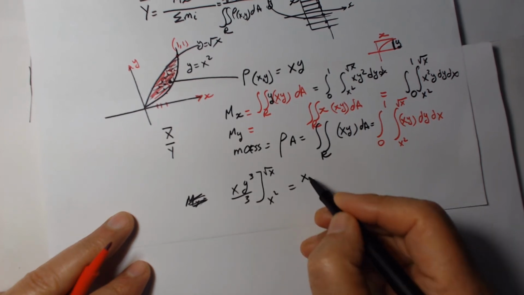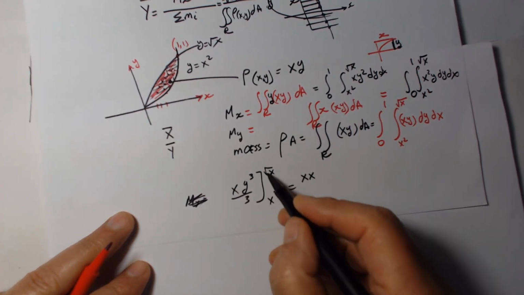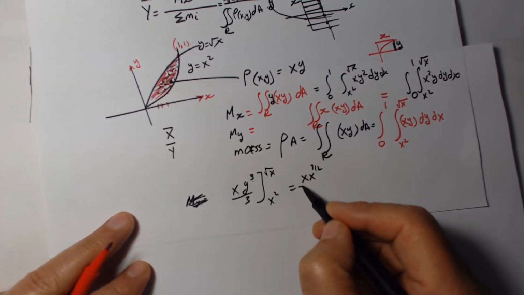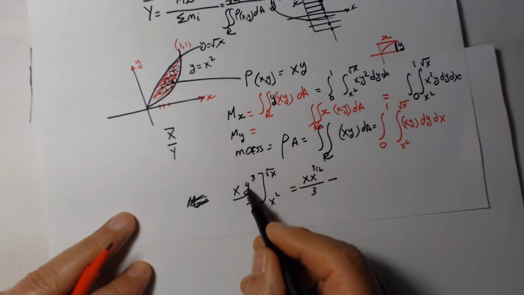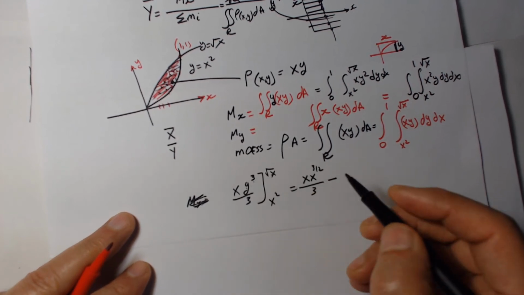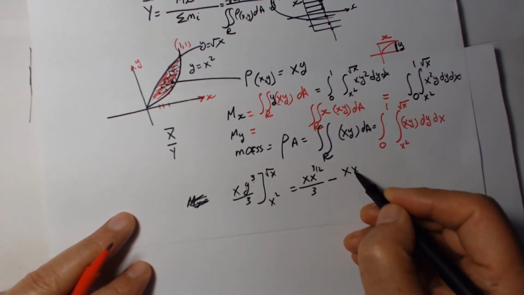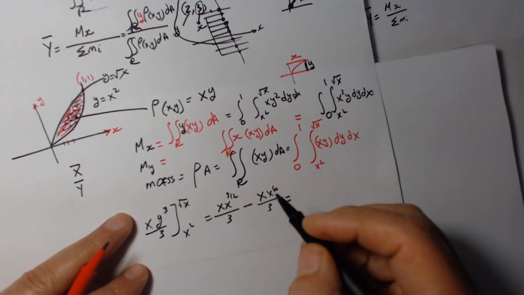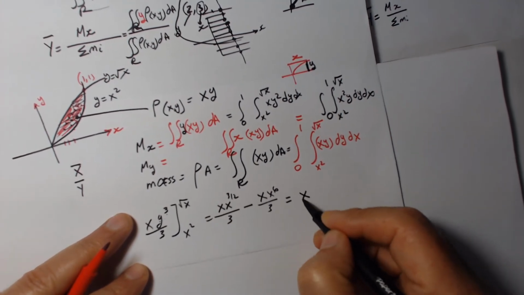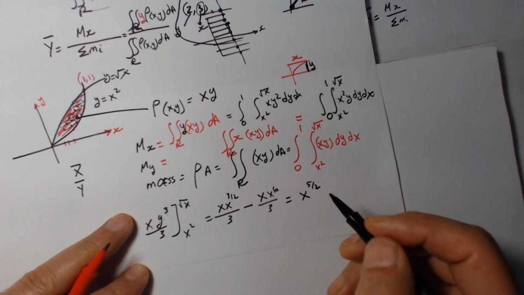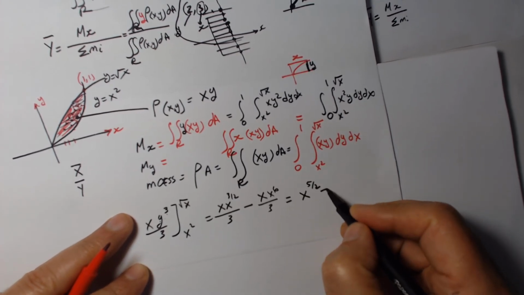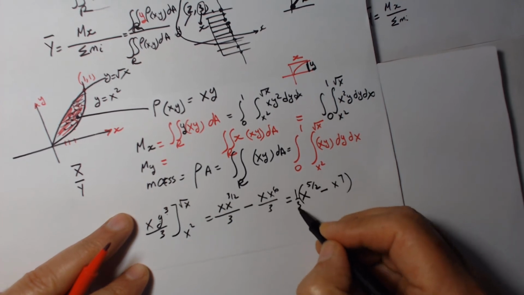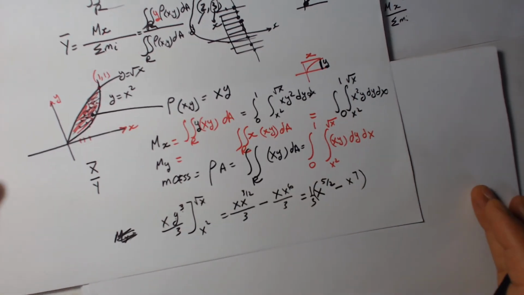Therefore, this is x times x to the power of 1/2, which gives 3x to the power of 3/2 over 3, minus, when I put x squared in here, x to the power of 6 over 3. Therefore, what I have in here is x to the power of 5/2 minus x to the power of 7 multiplied by 1/3. I got my inner one.